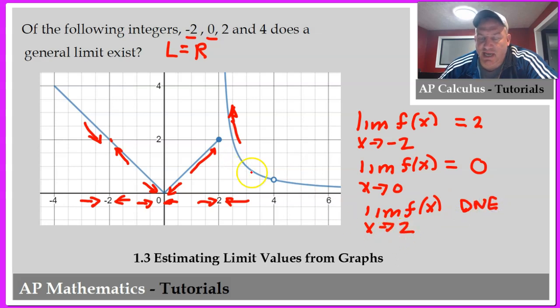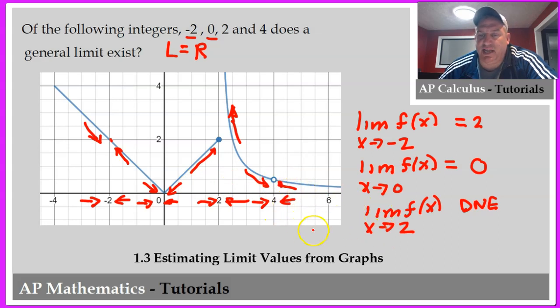Okay, and then lastly we have the integer 4. As I approach 4 from the left and 4 from the right, my function values drop down, looks like down to 1/2, and then on the other side looks like they go up to 1/2.